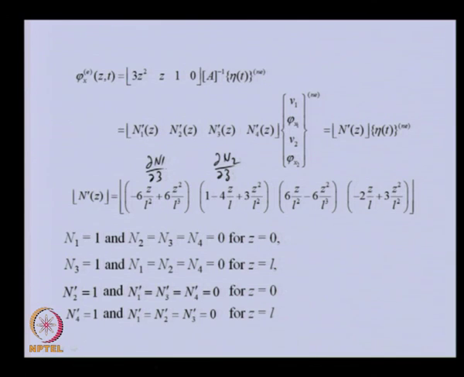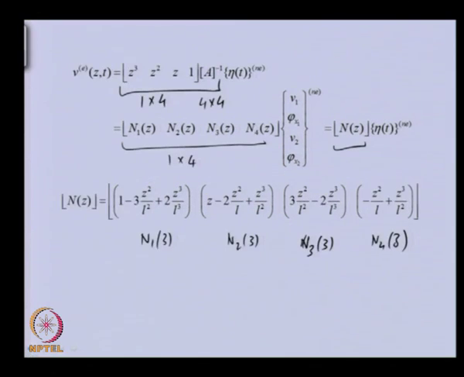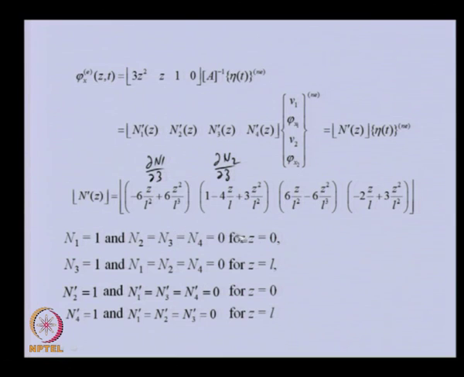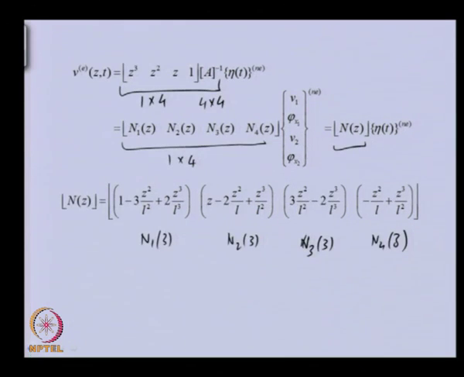Now, the properties of these shape functions are, as we have seen in the torsional vibration case, that n1 will be 1 if we put z equal to 0. So, if you put z equal to 0, this will be 1 and the others will be 0. So, n2, n3, n4 will be 0. Similarly, for z equal to L, n3 will be 1 and n1, n2 will be 0; only this will be 1.